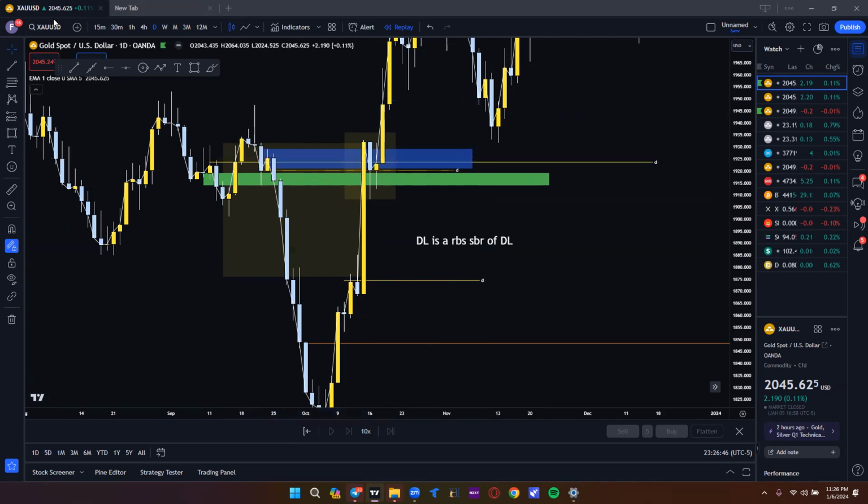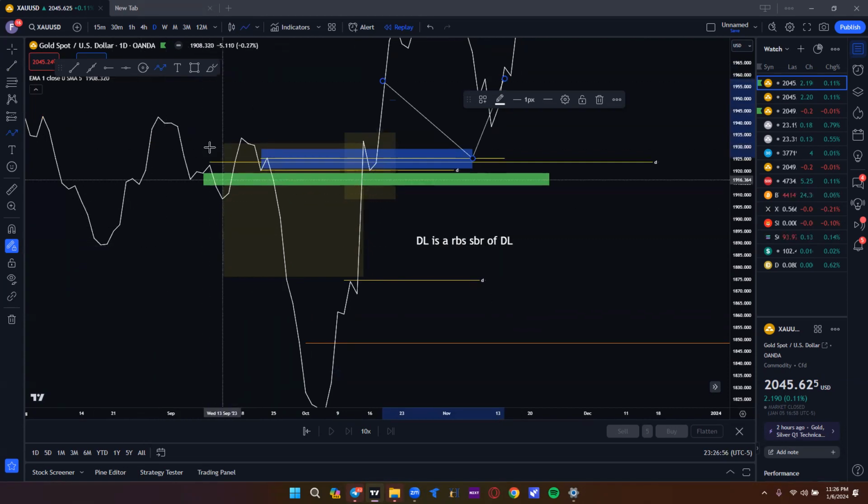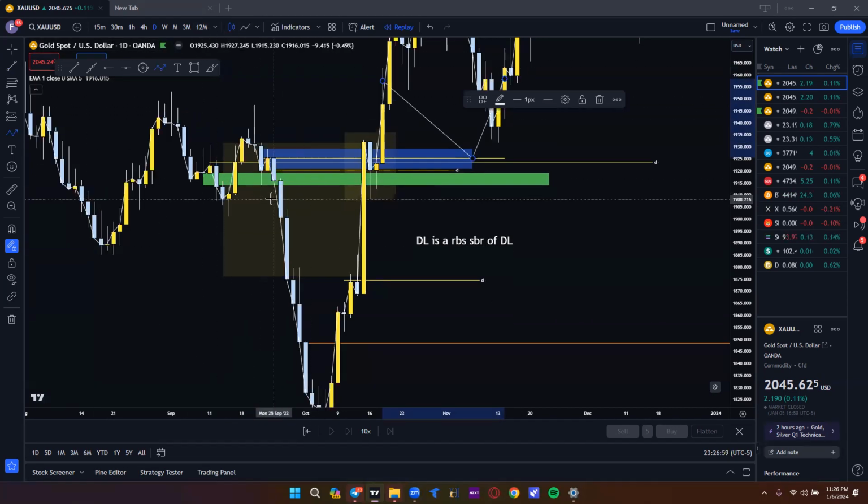You're expecting the reaction to come from this level, to come to this level, right? Because it's the line chart. That's what everyone wants. But no, it comes to the decision level right here. And I used to trade this way.